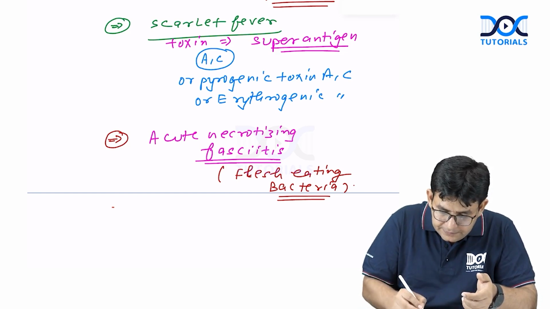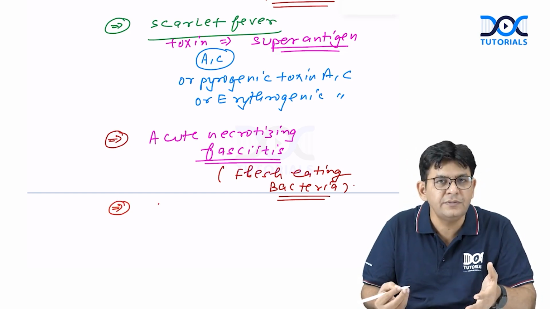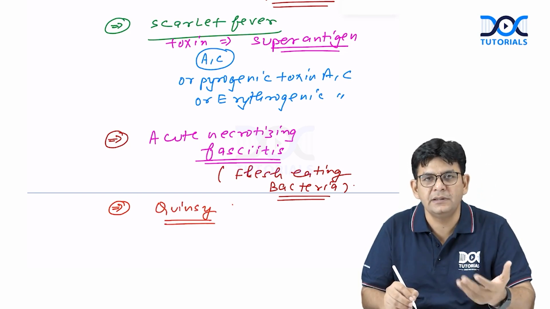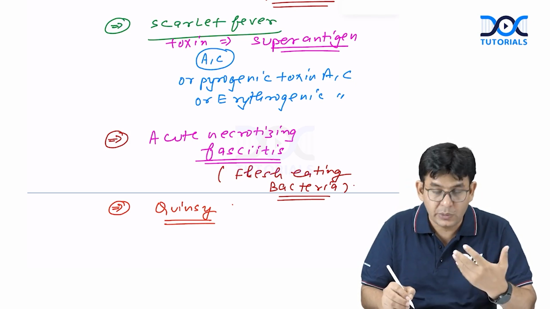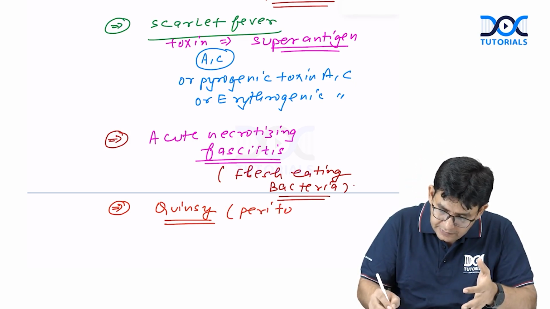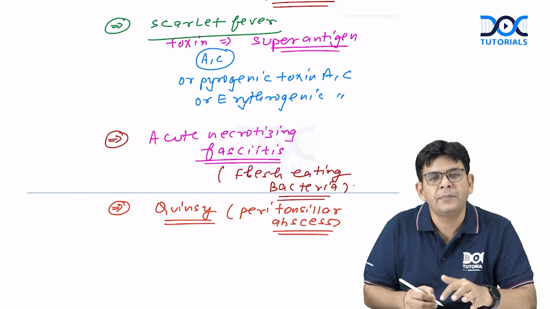Other than that, certain ENT conditions, like it is associated with quinsy. And what is quinsy? Peritonsillar abscess. That is what is termed as quinsy. So quinsy is done by this particular Streptococcus pyogenes. Okay.